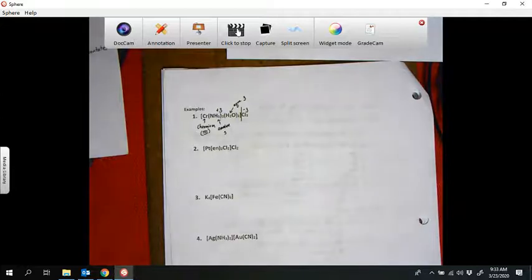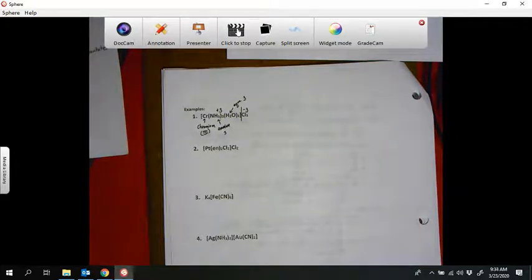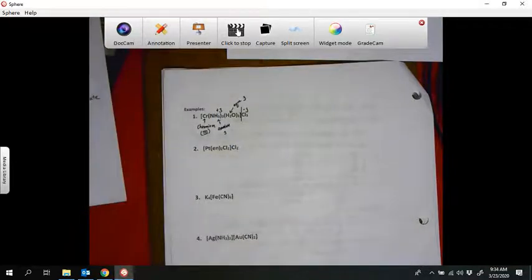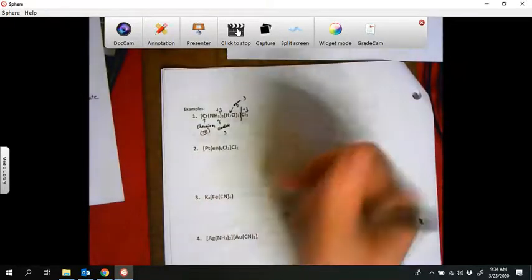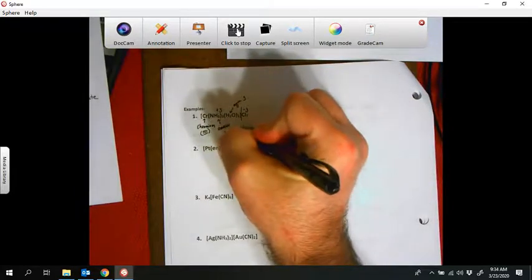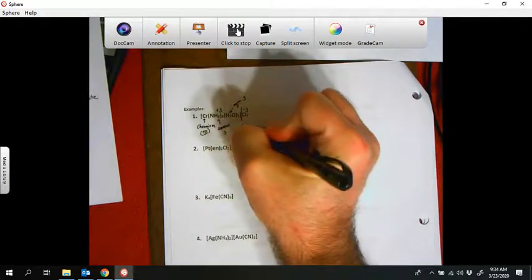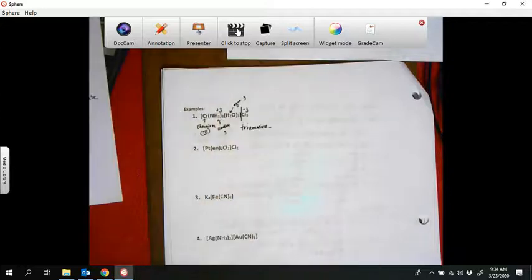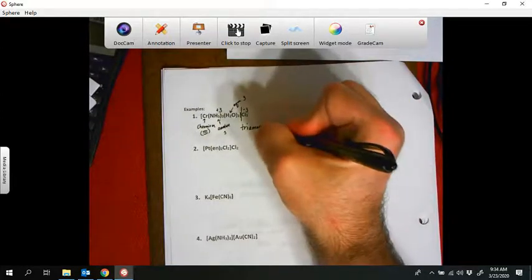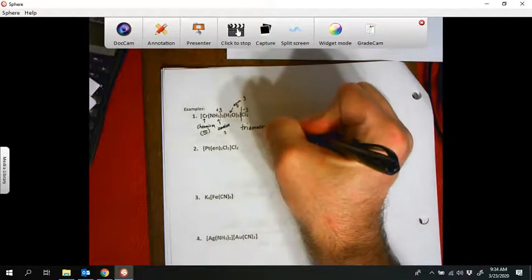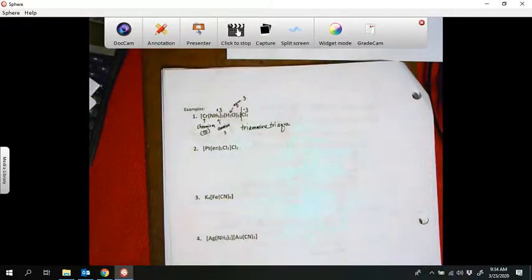So now we're going to put everything together. We name the cation first, and we name the ligands first in alphabetical order, so amine comes before aqua. There are 3 amines, so we start this one out with triamine. And then we have 3 aquas, so triaqua, and that's one word.